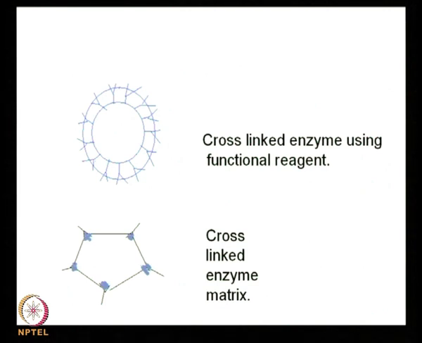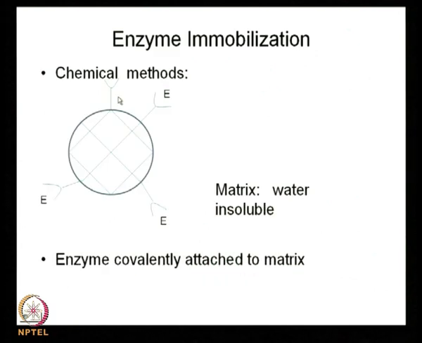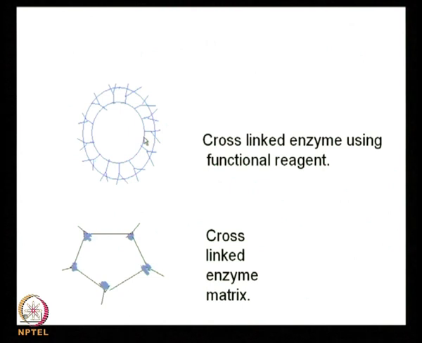Other chemical methods of enzyme immobilization are cross-linking of enzymes. If you compare with the previous one, this is a lot tighter arrangement, in the sense that the enzymes are cross-linked, as is more or less obvious from the picture itself.